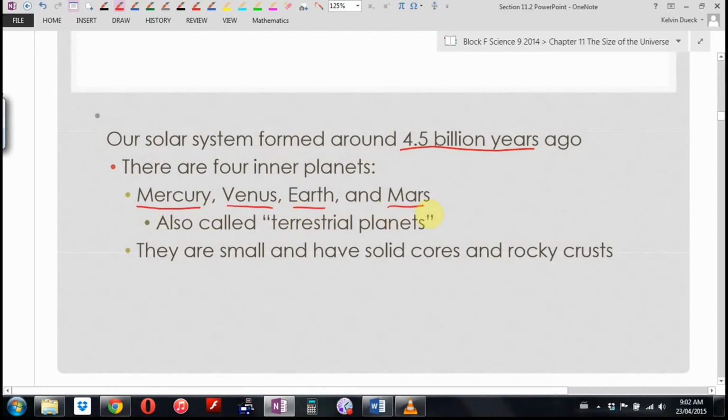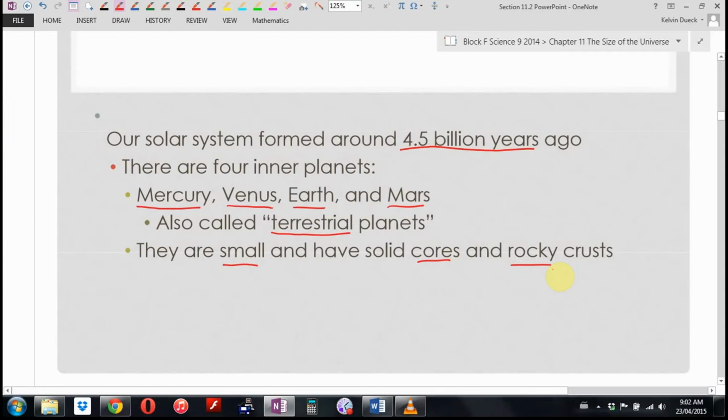They're also called terrestrial planets because that's the fancy word for made up of rock. The 4 inner planets are rocky. They are small, and they have solid cores and rocky crusts. Very different from the other planets.